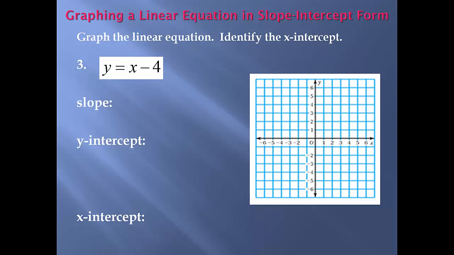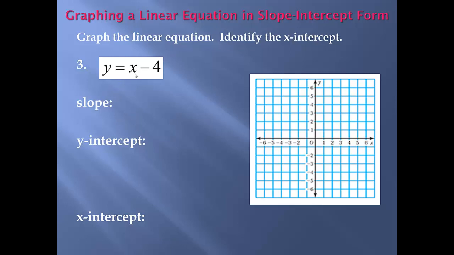Now we're going to graph a linear equation in slope-intercept form. So we're going to graph the linear equation, and we want to identify the x-intercept. So in number 3, our equation is y equals x minus 4. This equation is in slope-intercept form, so we can go ahead and identify the slope and the y-intercept.